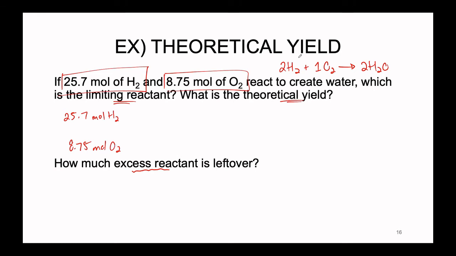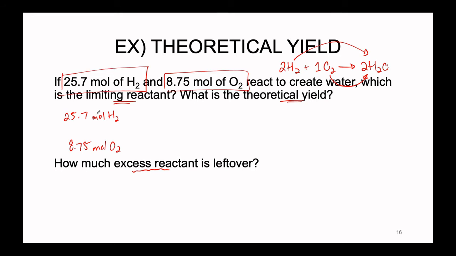So we're going to start with hydrogen, calculate how much water it would be able to hypothetically make, and oxygen, and calculate how much water it would be able to hypothetically make, assuming that the other reactant is present in the amount that we need. Then we are going to compare the results after. So we'll save that conversation for when we actually have numbers to observe.